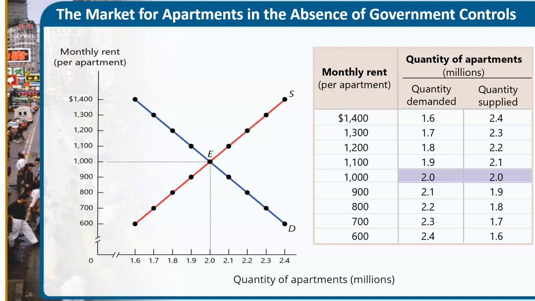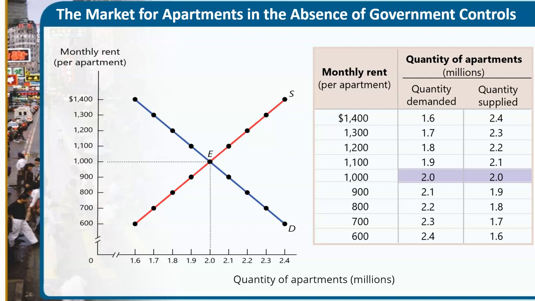This is efficient because we have equilibrium. At that particular price, we have the same number of buyers and sellers in this marketplace. And so there is no loss, there is no inefficiency, there is no surplus, there's no shortage. We are at equilibrium in this particular instance.